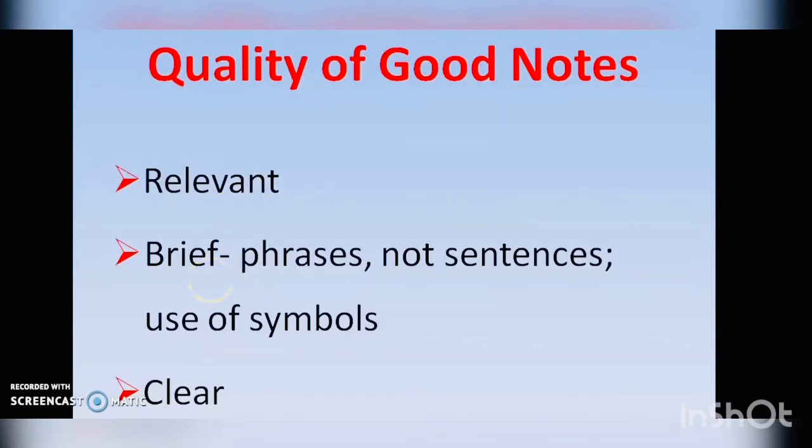The notes must be brief. To make them brief, first, we write only relevant ideas, and second, we don't write in full sentences. We write just in phrases. And to make them briefer still, we use symbols. In place of writing full words or expressions or even phrases, we use symbols.